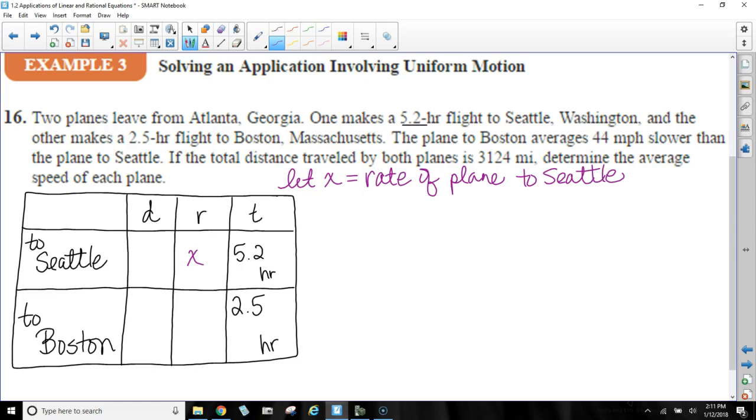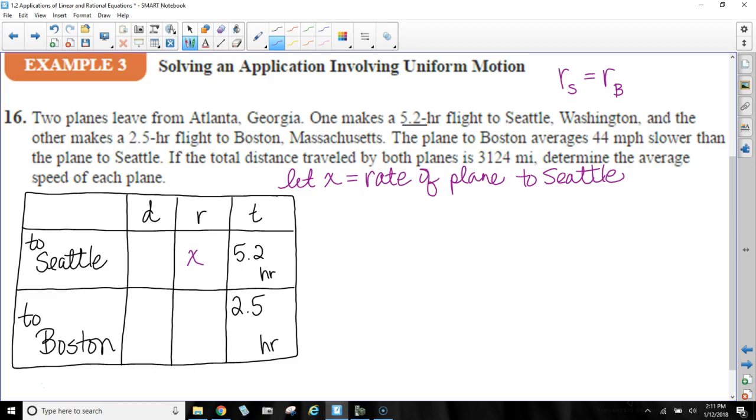Now, for the plane going to Boston, we know that it is 44 miles per hour slower. If I say that the rate of the plane to Seattle is equal to the rate of the plane to Boston, that is not true. What we need to do is make those balance out so that it would be true.